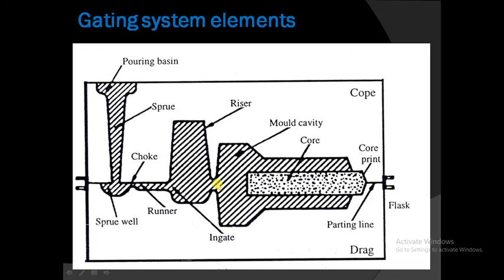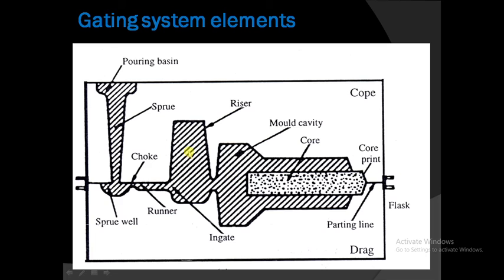Okay, there are some characteristics of the riser. The riser should have a sufficient quantity of hot metal and it should solidify after the casting is fed. That means it should store sufficient hot metal, and after feeding the casting, it should solidify.